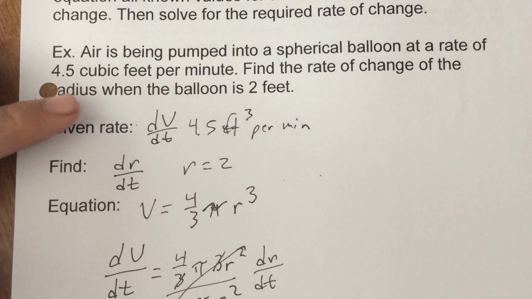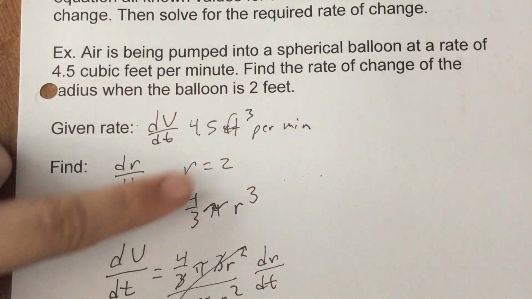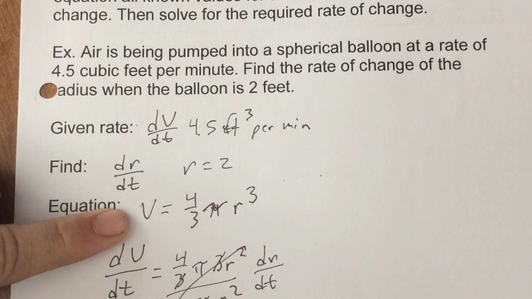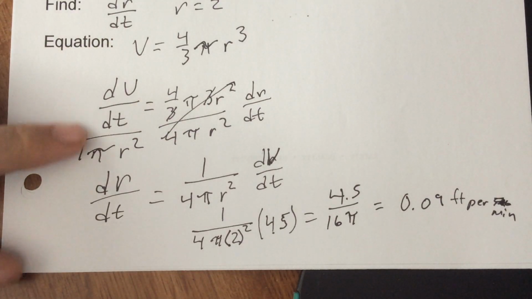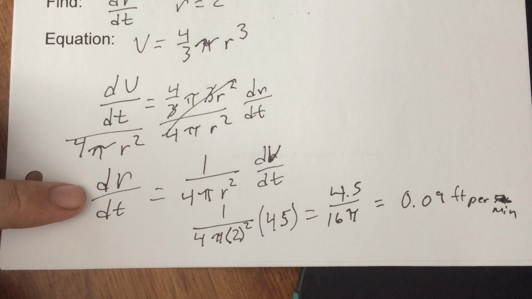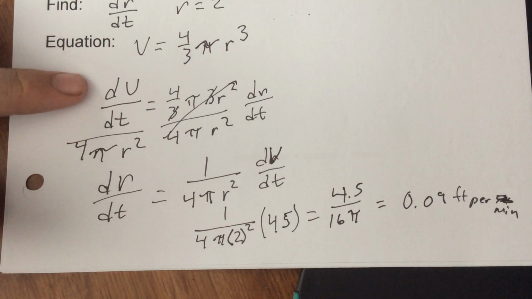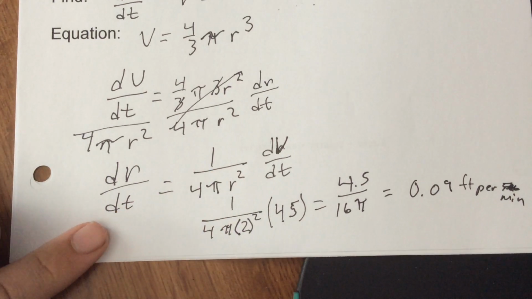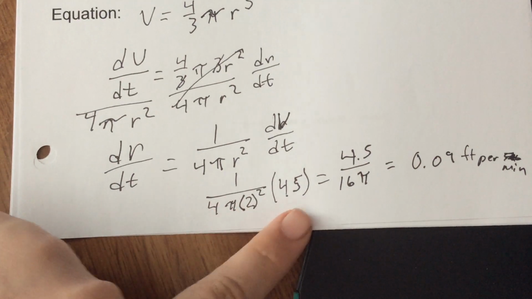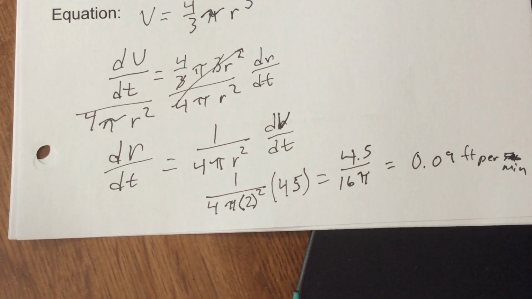It also says, hey, when the radius is 2 feet, so that's our r. Set up your equation, do the derivative, and then solve it for what you need to solve. In this case, we did the dr dt, not the dv, so we had to manipulate our equation a little bit to make it so that we had our dr dt out on one side. Then plug in your values and solve it out.